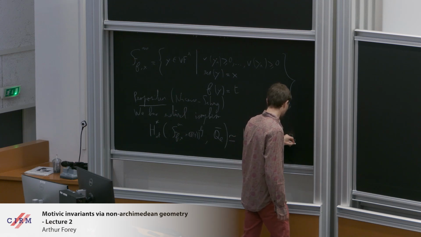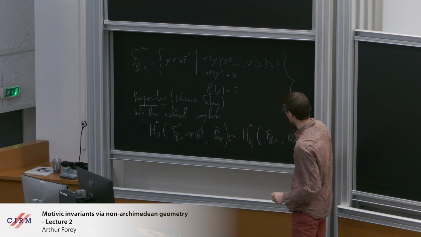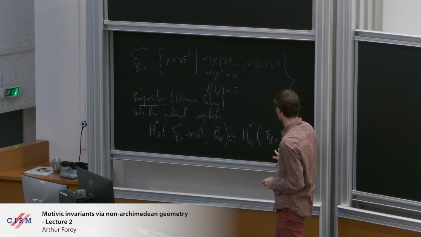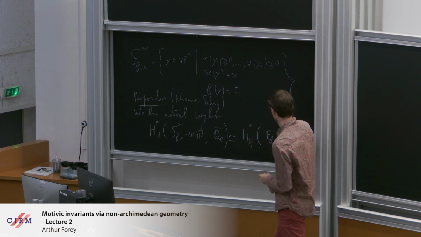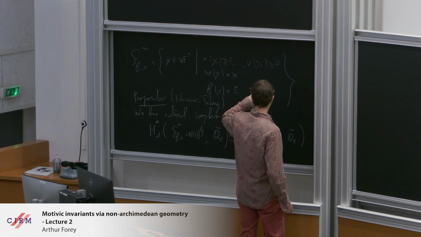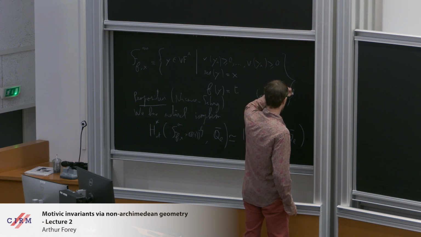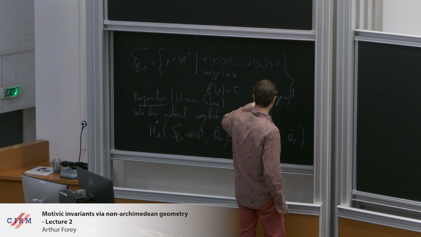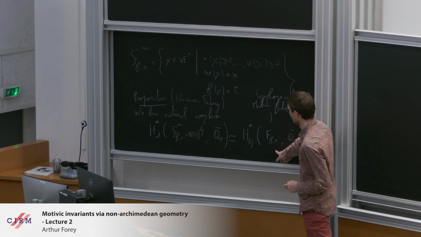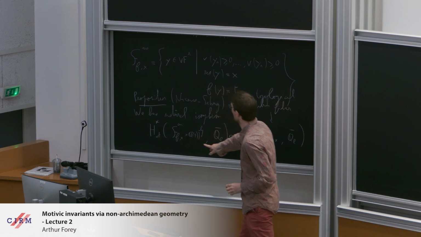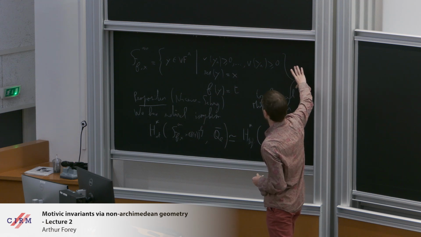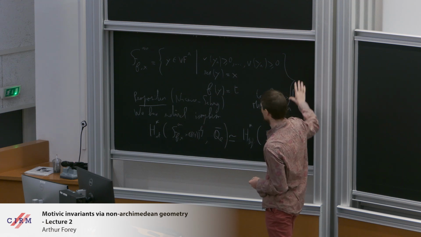And I should take the same coefficients if I want to be coherent. So we have a natural isomorphism between the cohomology of this, the topological Milnor fiber, and this, the non-Archimedean Milnor fiber. So it means that this somehow most natural thing we've done was the right thing to do.